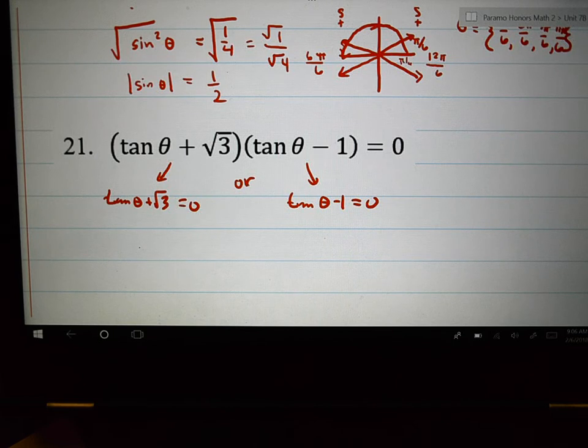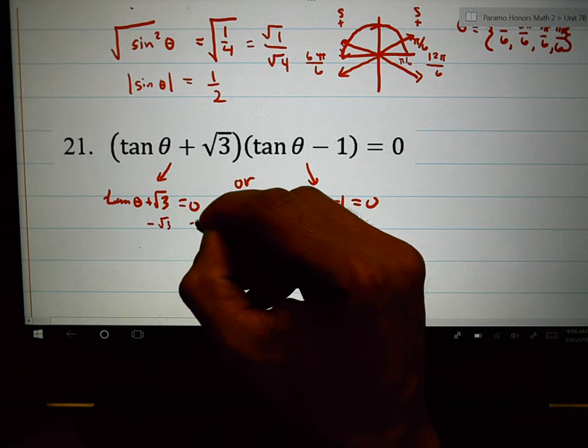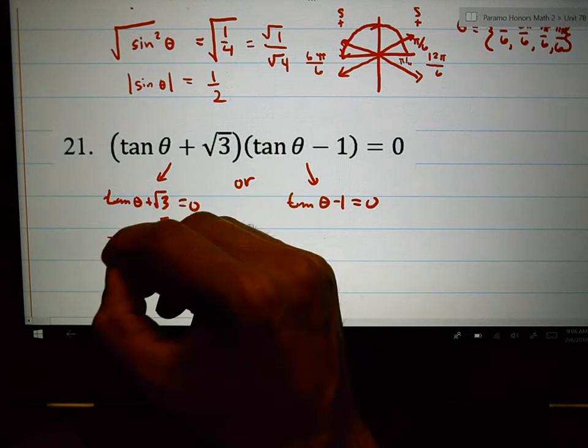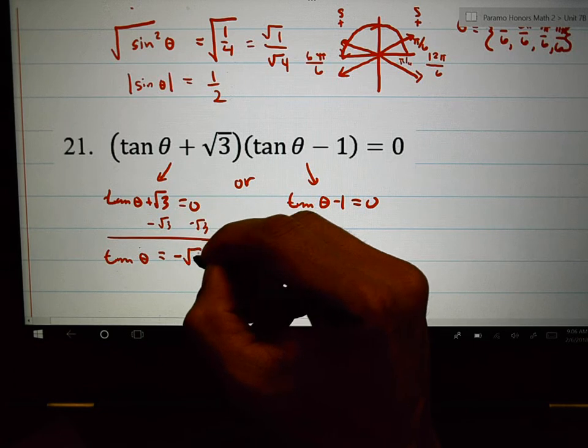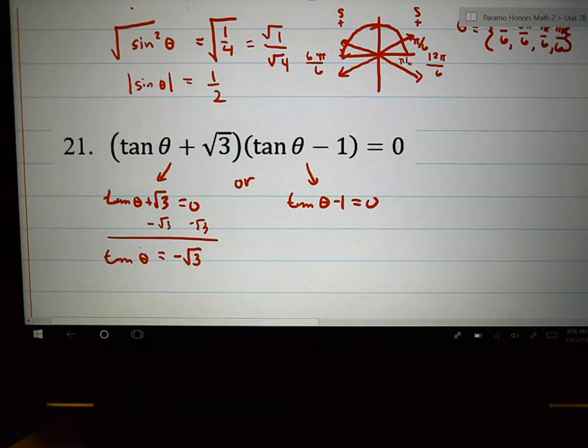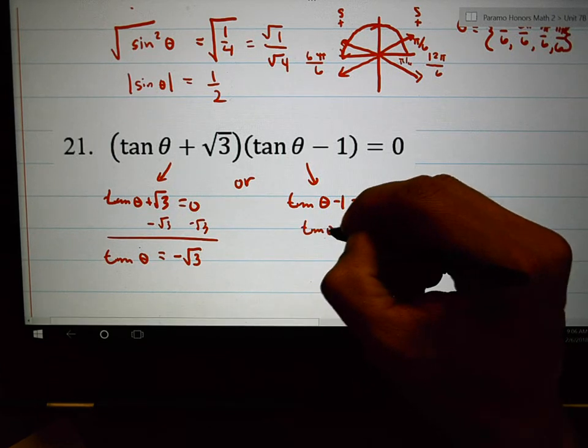We're going to subtract root 3 for the first possibility. And let's see what we have. The tangent of theta is equal to negative root 3. In my other possibility, the tangent of theta is equal to a positive 1.